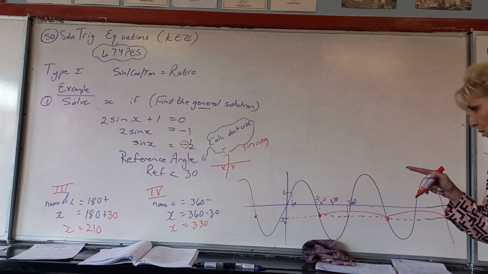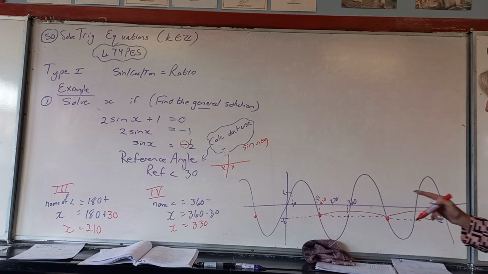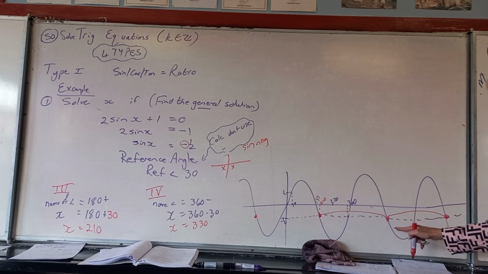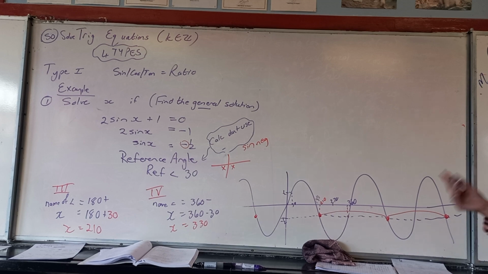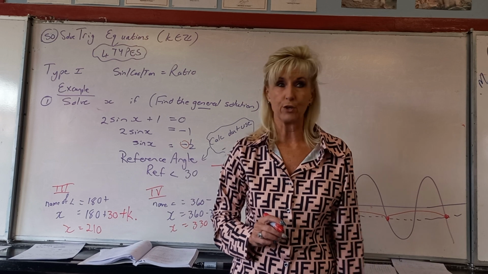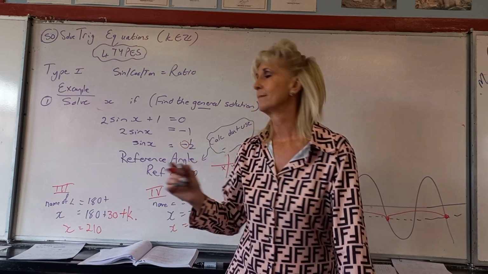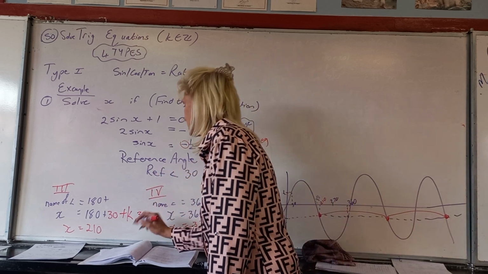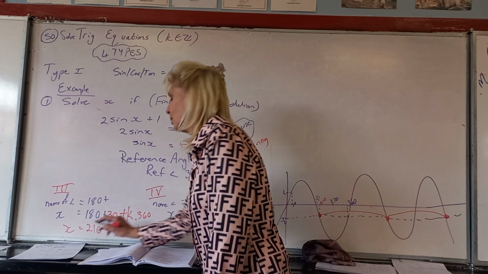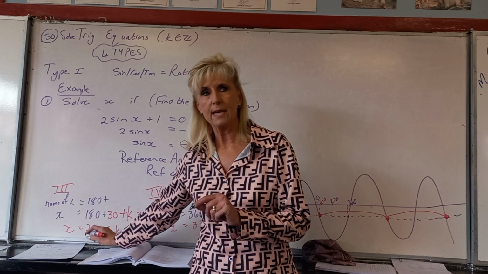So to get all of those dots, I just have to take it and add 1 times 360. Add 2 times 360. Add 3 times 360. Add a certain amount, which is going to be k, you know that we love k, times 360. So your answer would be not 210, but 210 plus k times 360.